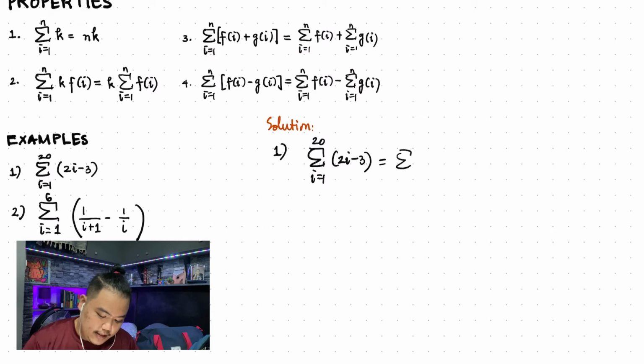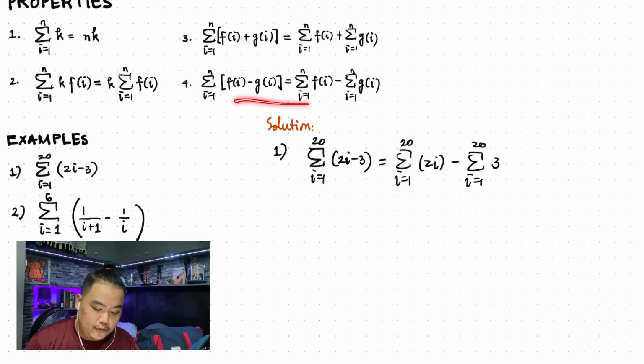Anong mangyayari? Summation from 1 to 20 ng 2i minus summation ng, lagyan ko ng parenthesis para hindi tayo magkandalito-lito, no? Okay. Minus 3. Okay? Actually, si 4 pala yung ginamit ko.